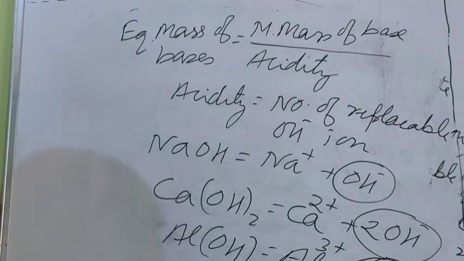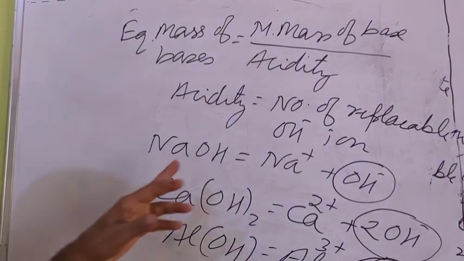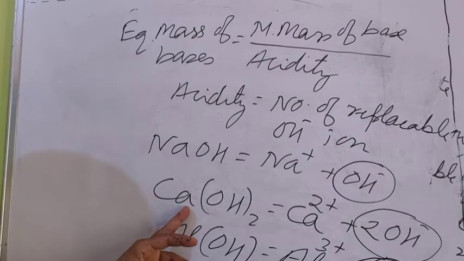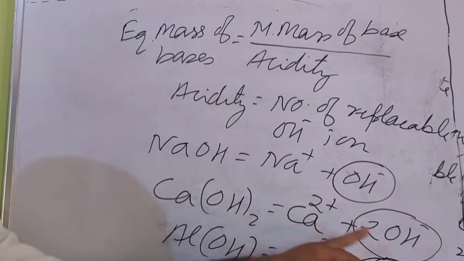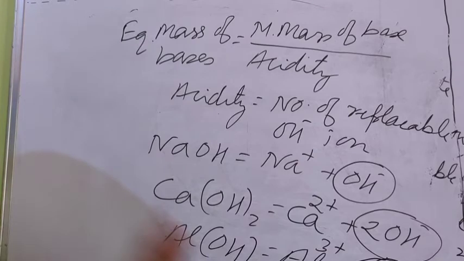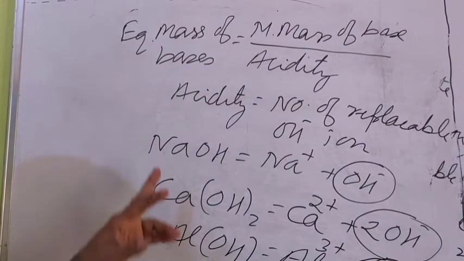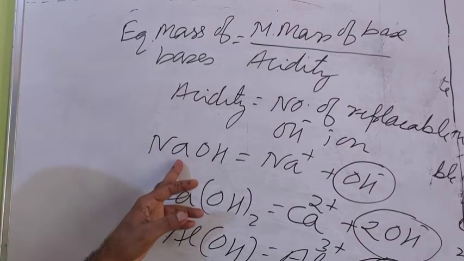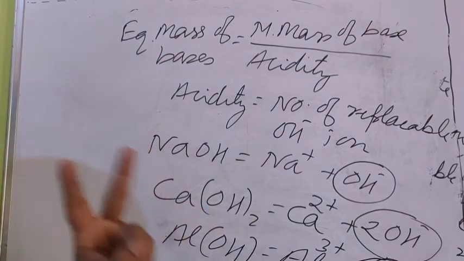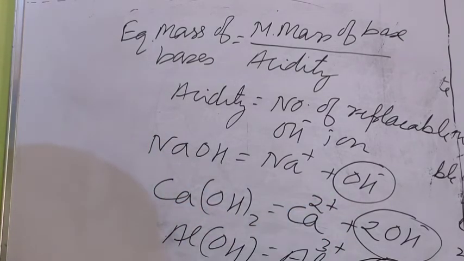So the molecular mass of NaOH divided by 1, molecular mass of Ca(OH)2 divided by 2, and molecular mass of Al(OH)3 divided by 3, that will be the equivalent mass. The molecular mass of NaOH and the equivalent mass of NaOH are both the same, because it is a monoacidic base.